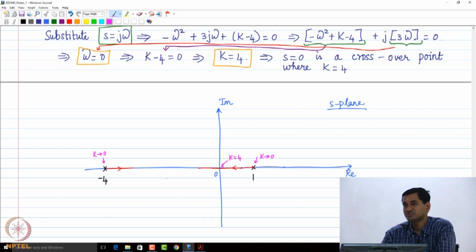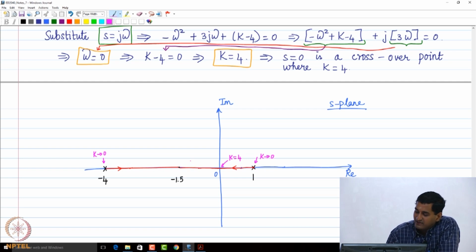And where do these two branches intersect? At -1.5. That was the breakaway point. So let's say I have -1.5 to be somewhere here. What's going to happen is that they come here and then they intersect each other.